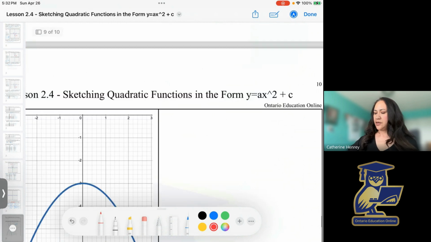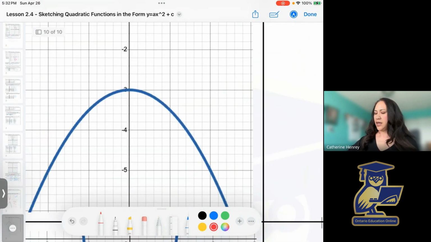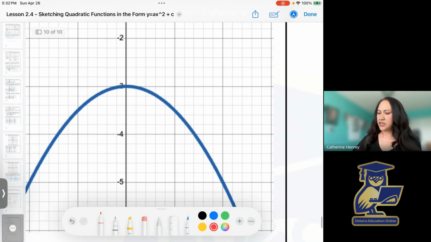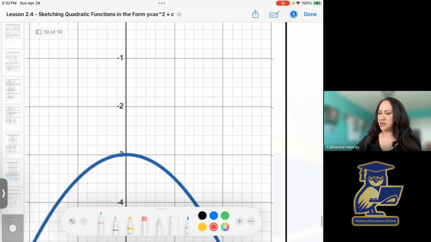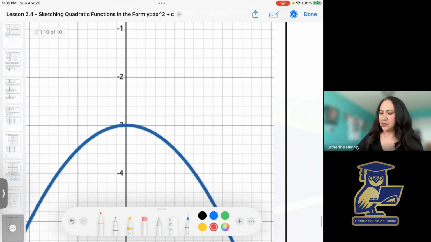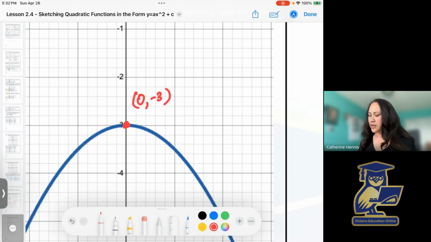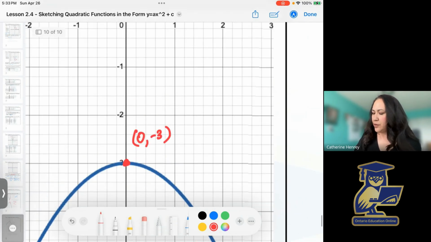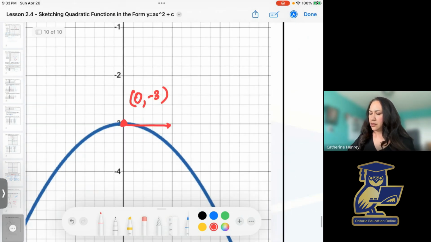Let's take a look at another example. Let's zoom in here again. So we have a vertex here that looks like it is at 0, -3. And if we take a look at our step, if we go over 1, we seem to come down a half.